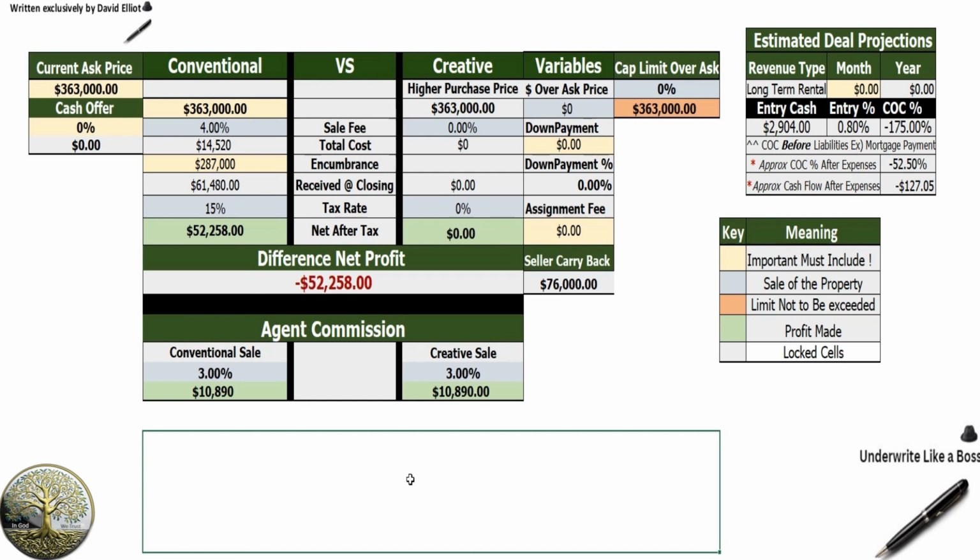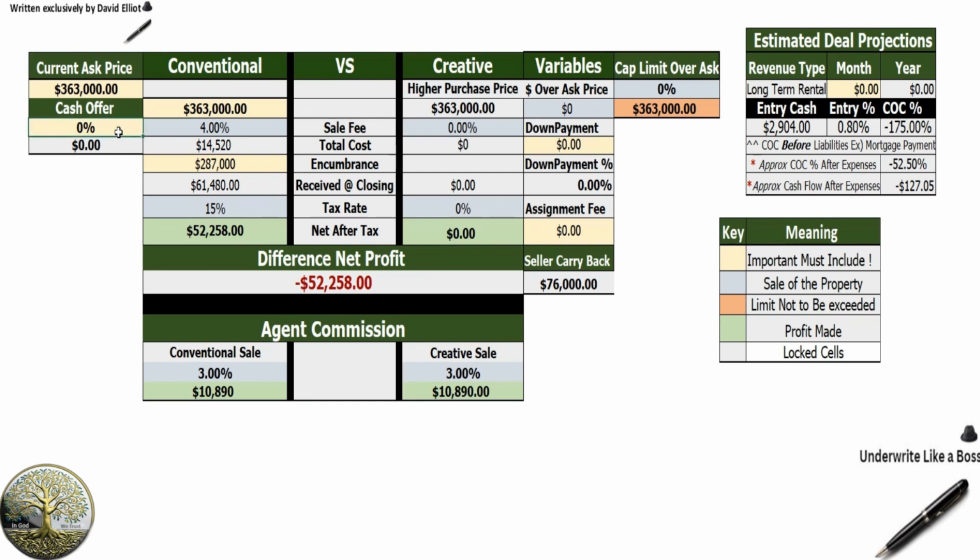You could present them a bluff cash offer. So what you could do is give them 90% on cash. That would be a bluff cash offer. That would put you at $326,700. Maybe for simplicity's sake, let's go back down to 325.